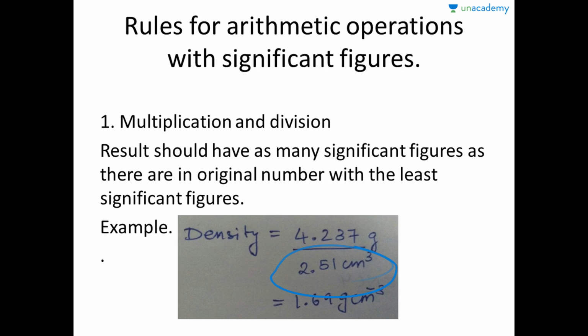Now when you divide these to get the density, you will notice that the volume has 3 significant figures and the mass has 4. So the result should have the least significant figures of the original values. That is, here the volume has the least significant figures, which is 3, and so the result density should have 3 significant figures.